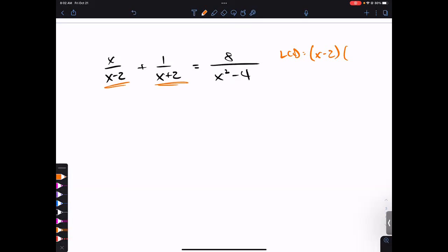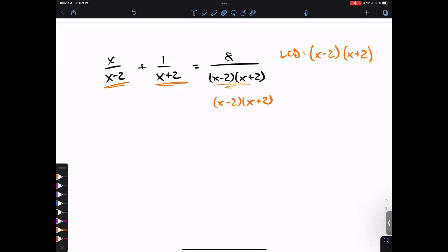So it's got to have a factor of x minus 2 and a factor of x plus 2. X squared minus 4 just so happens to factor as x minus 2 times x plus 2. So that takes care of everything, right? So I can factor this, and I'll go ahead and do that as x minus 2 times x plus 2.